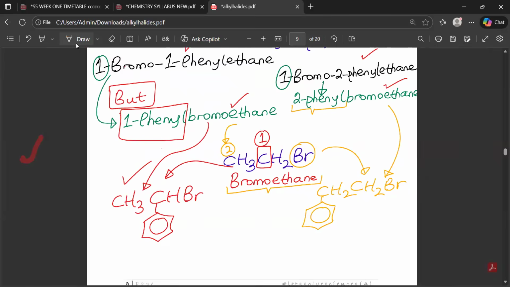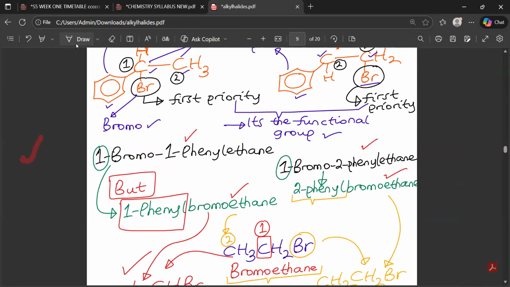So the other nomenclature, the first one we have, is very okay because it brings out the structure. But the only problem is it has these repeated positions for the bromo, which we can ignore. And when we ignore, the 1 phenyl must come first, then bromoethane. 2-phenyl comes first, then bromoethane. Be flexible as a chemistry student of organic.